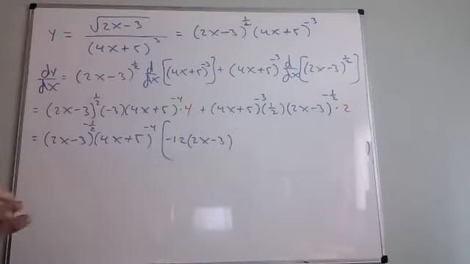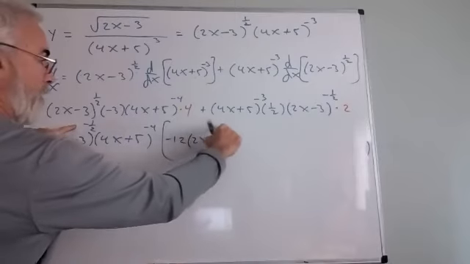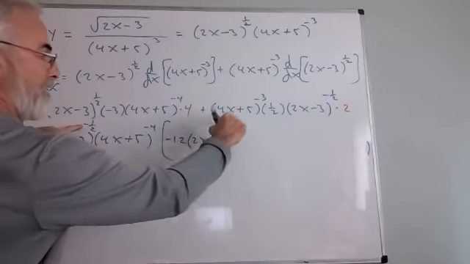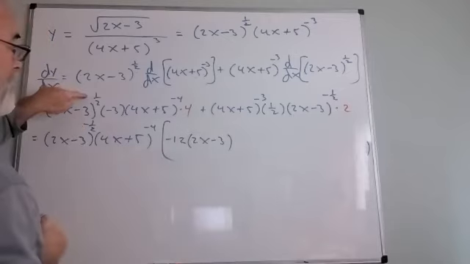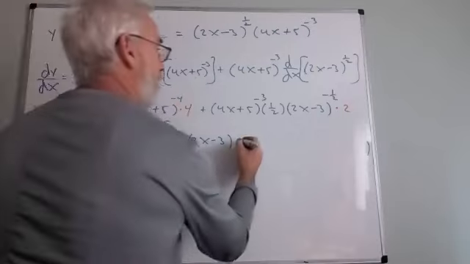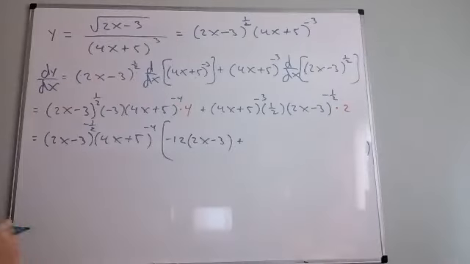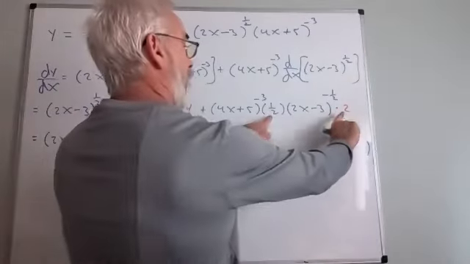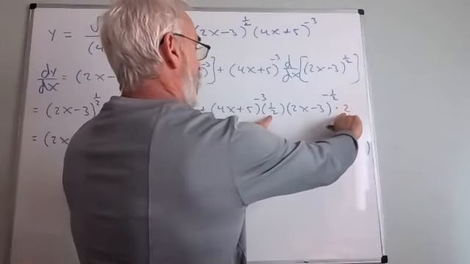And before you go any further, you can always distribute. When I multiply this one by this one, I would add the exponents, negative 1/2 and positive 1. That gets me back to here. I pulled out the whole factor. Great. Now, plus. Coefficients, 1/2 times 2, that's a 1.